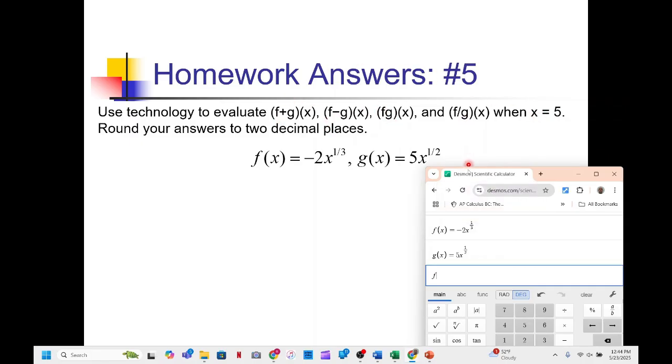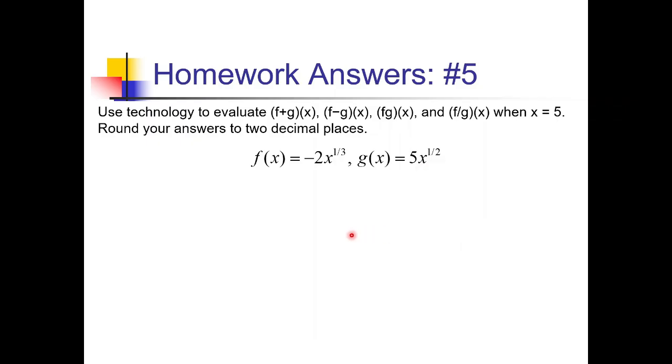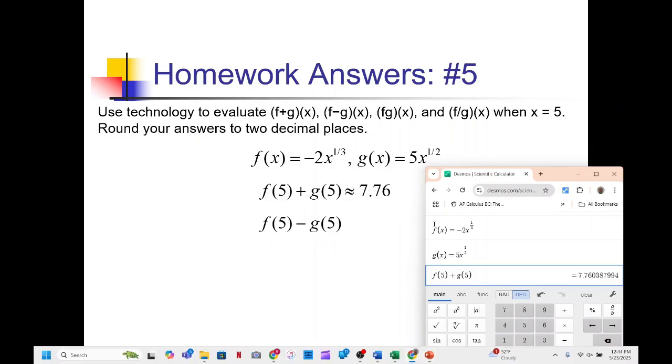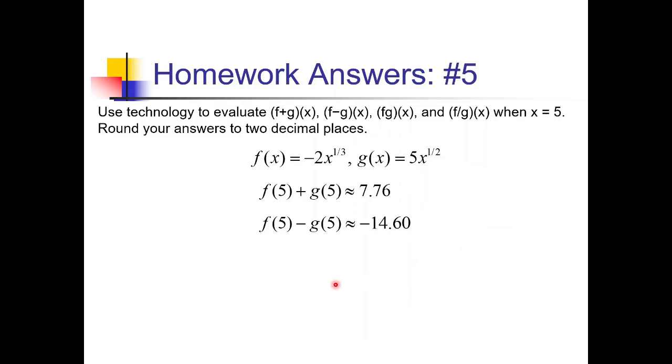So we've got f of 5 plus g of 5 comes out to about 7.76. And now f of 5 minus g of 5. Let me just go back here and we'll replace that plus with a minus. That's negative 14.60. Next up, we have f of 5 times g of 5.